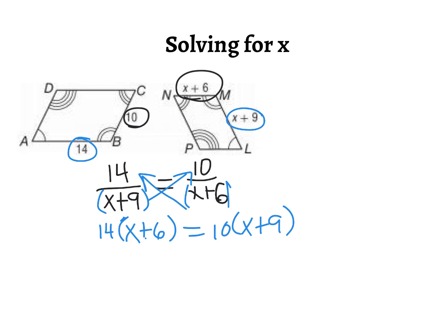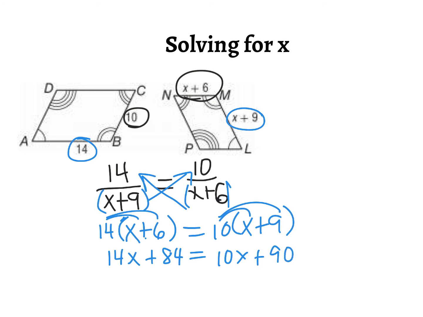Okay, this is an algebra 1 problem. At this point, you do distributive property. 14 goes into this one. 14 times x is 14x. 14 times 6 is 84. On the other side, 10 times x is 10x, and 10 times 9 is 90.